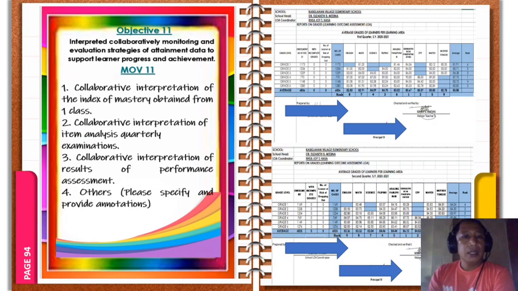Then next, malapit-lapit na po tayo. So we have here the objective number 11, interpreted, collaboratively monitored, and evaluation strategies of attainment data to support learners' progress and achievement. So collaborative interpretation of the index of mastery obtained from one class.